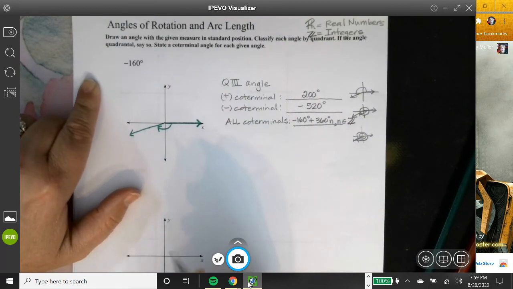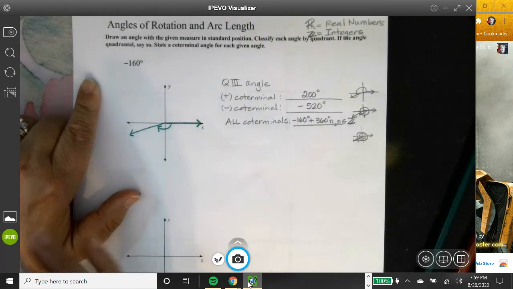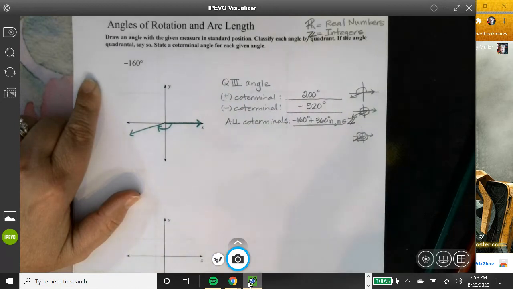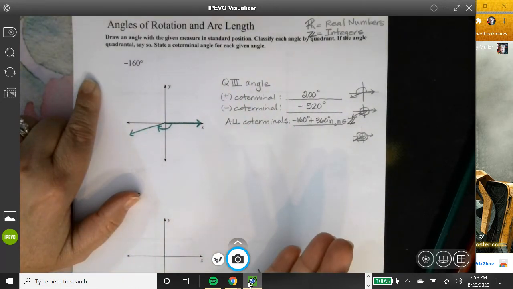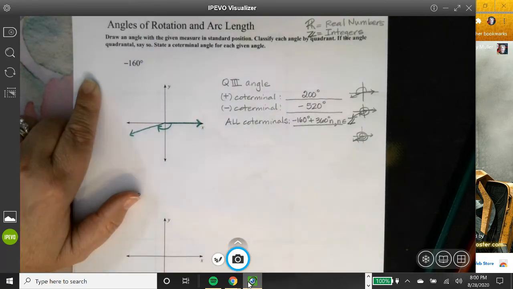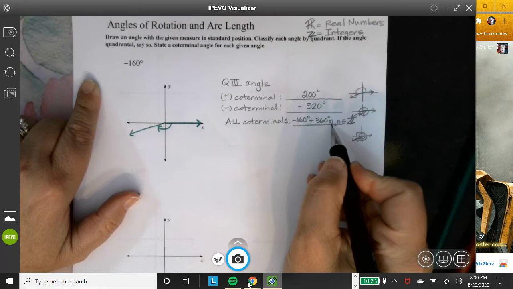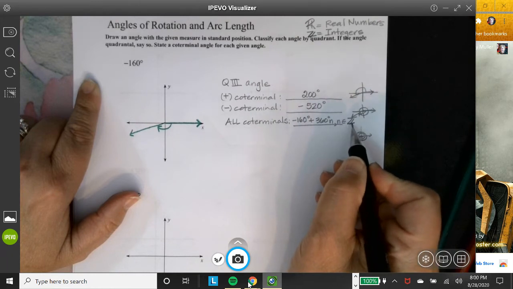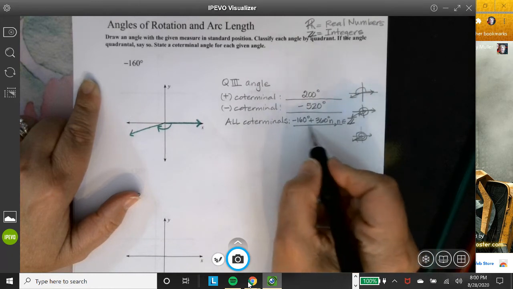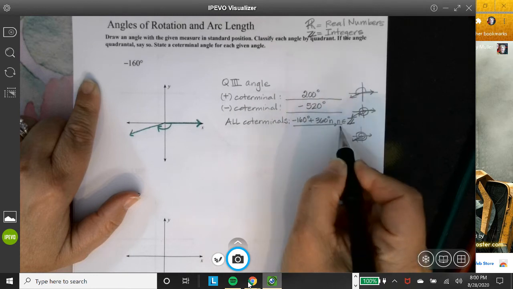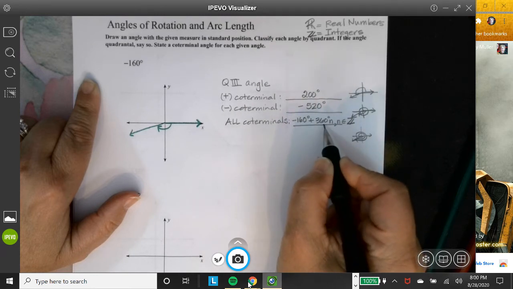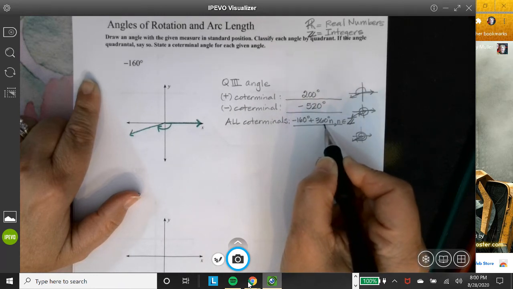Okay, now integers are all the counting numbers, 1, 2, 3, 4, 5, 6, 7, 8, 9, 10, and so on, and 0. And then the integers include all of the negative numbers, so negative 1, negative 2, negative 3. So this n is an element of the integers. Okay, so this representation takes care of any time I want to go around the circle to hit another coterminal.